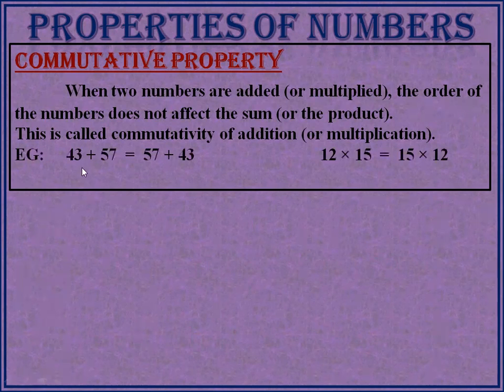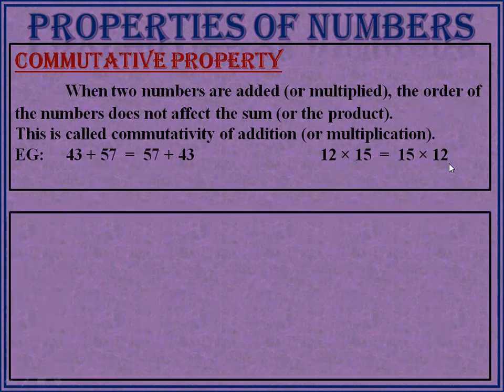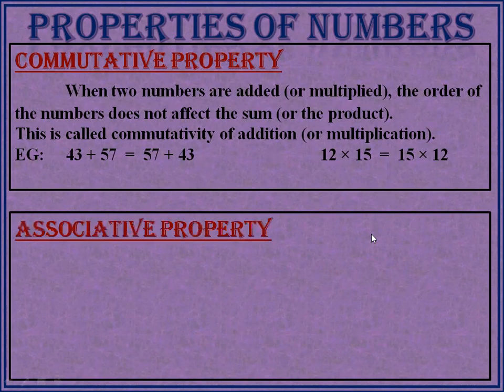For example, 43 plus 57 is equal to 57 plus 43. Though you change the order of the numbers, the answer will be the same. Similarly, 12 into 15 is equal to 15 into 12. So the commutative property is true for addition and multiplication, whereas for subtraction and division, it is false.